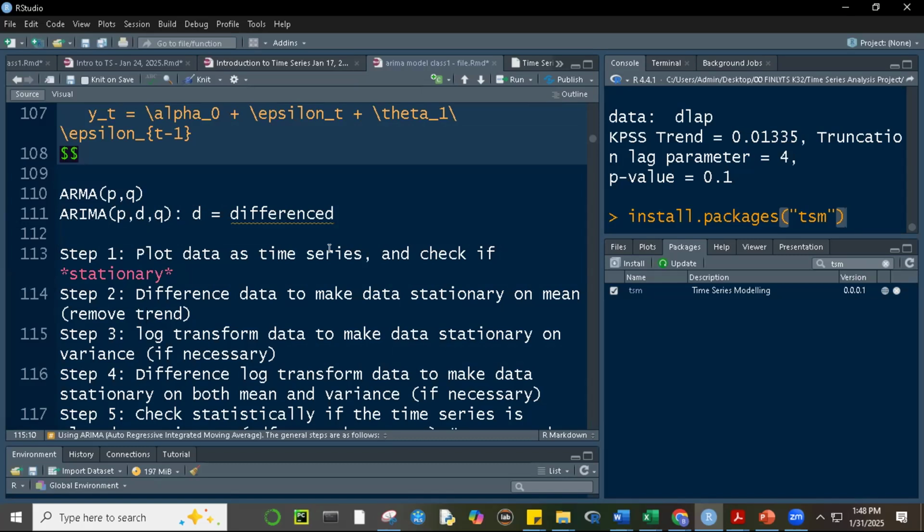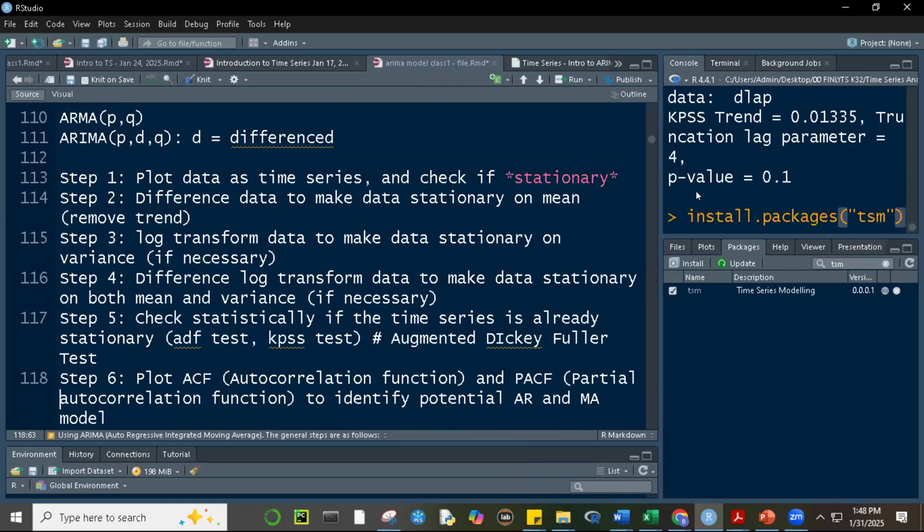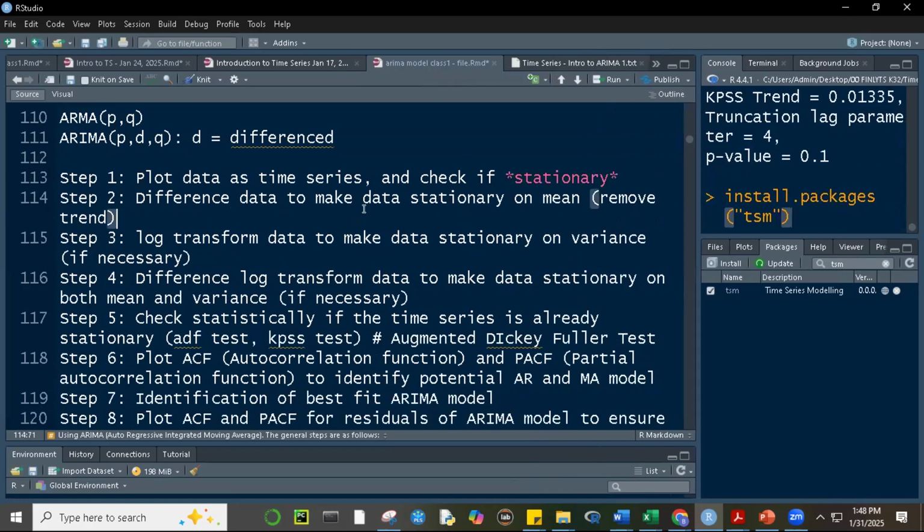Okay, so what are the general steps when you're using ARIMA? Number one, you should make sure that your data is stationary. If your data is not stationary, then you will have to transform the data. How do you transform? You first have to deal with the non-constant variance.